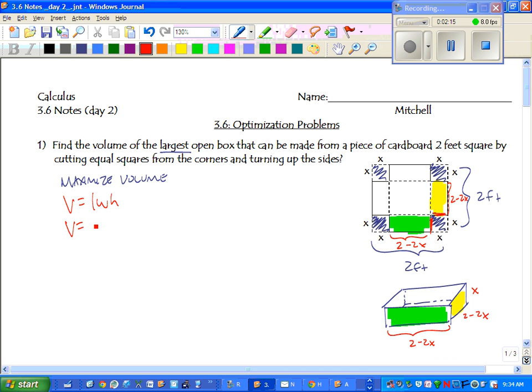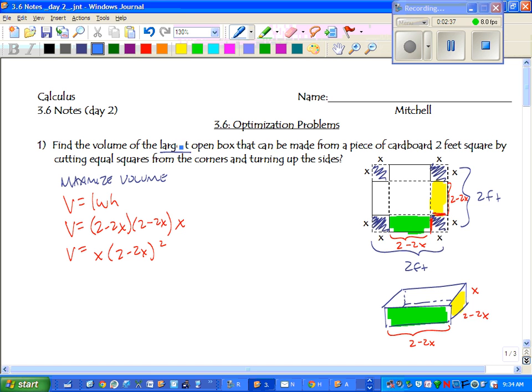So we're going to have 2 minus 2x times 2 minus 2x times x. Or one way we could write it instead is just having, I'm going to put the x in front, times 2 minus 2x squared. So we have our volume equation in terms of just one variable.